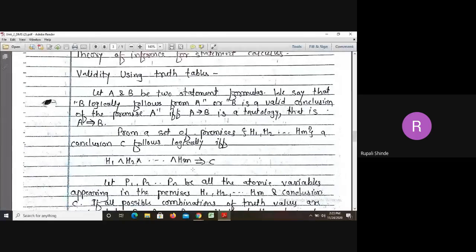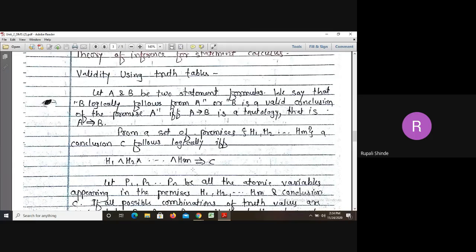Now suppose there are multiple formulas available like H1, H2, H3, H4, and one conclusion C. How can we check whether C is a valid conclusion for all these premises? For that they have given one formula.